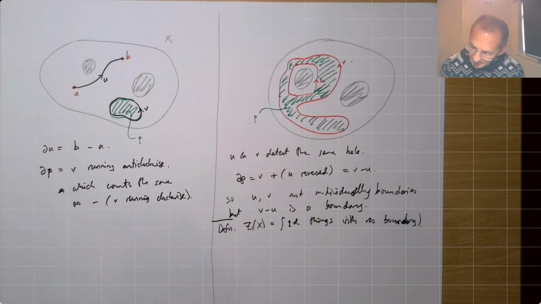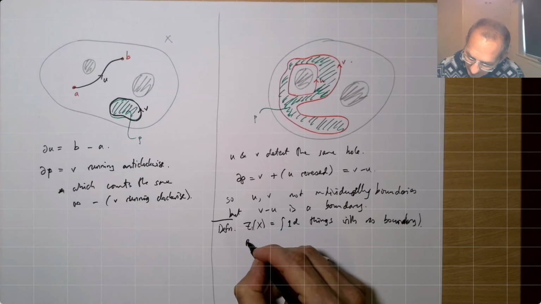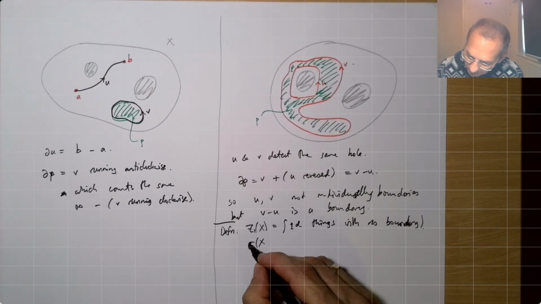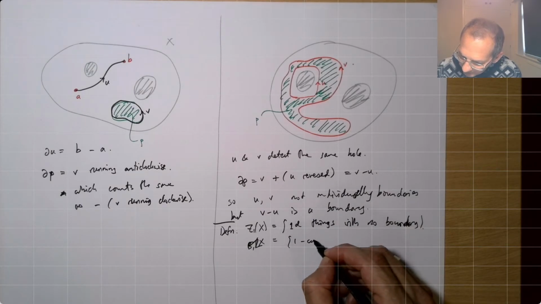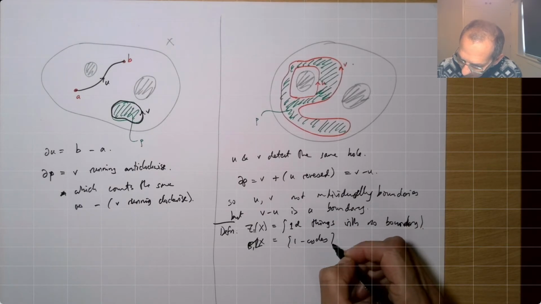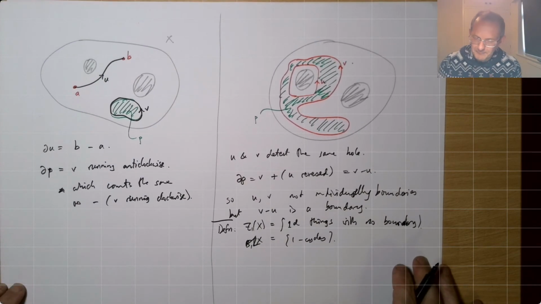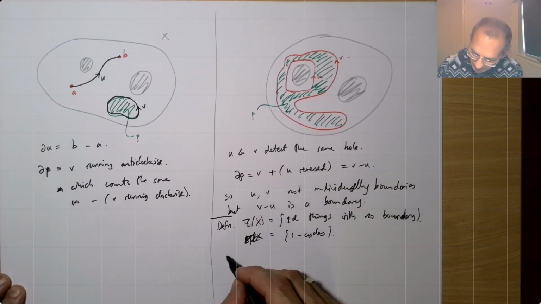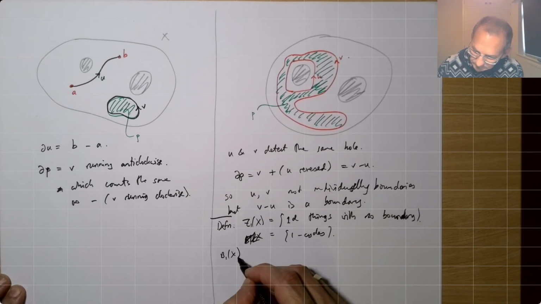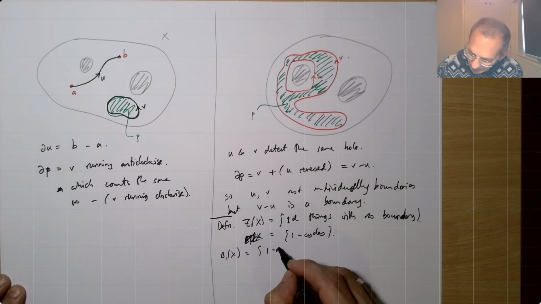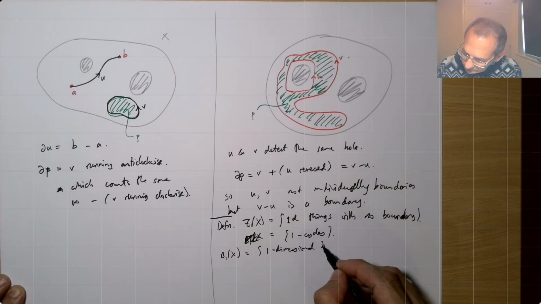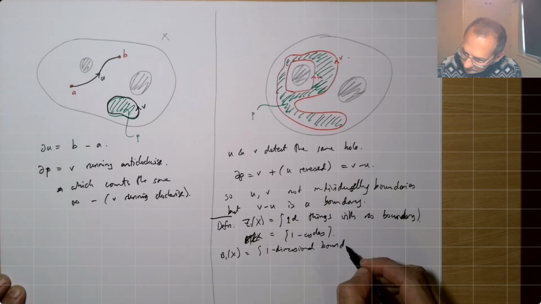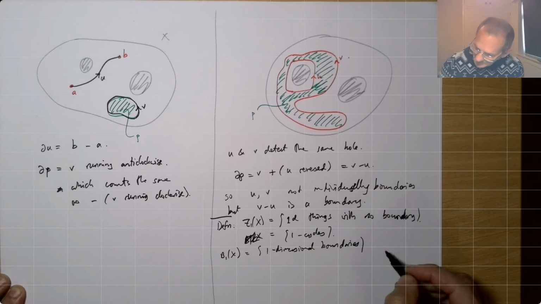Paths with no boundary. In other words, this is the set of 1-cycles, of dimension 1. And then B1 of X is the set of one-dimensional boundaries. Right?